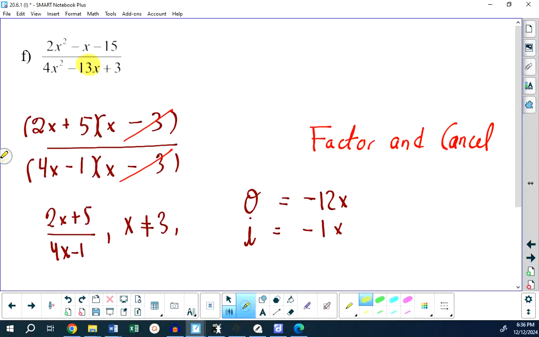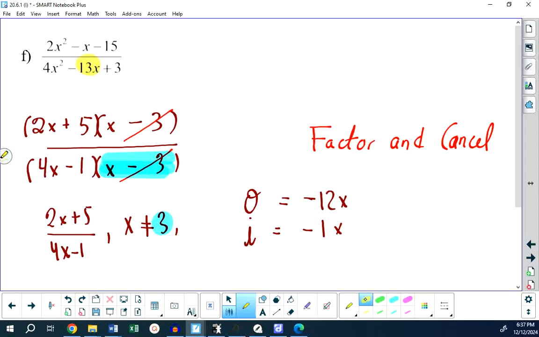Sometimes I'm wrong in what I think about how students perceive things, but I think it's obvious that to go from x minus 3 on the bottom to x is not equal to 3 is an obvious thing for everybody.